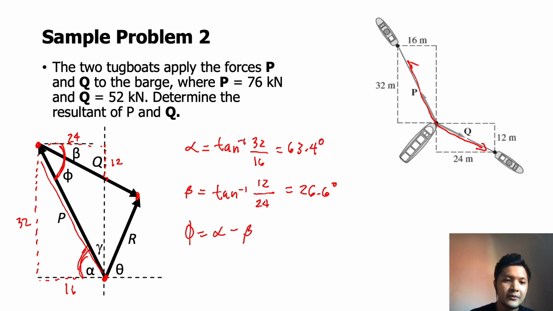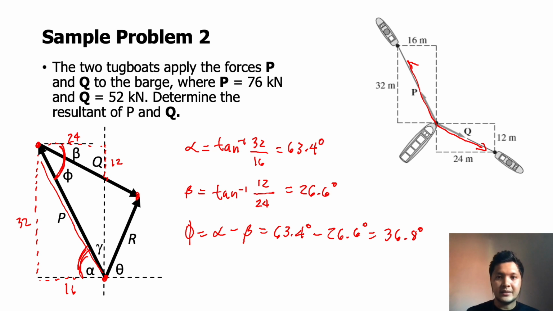Again, beta plus phi is equal to alpha. So phi is 63.4 degrees minus 26.6 degrees, which is equal to 36.8 degrees. So now here phi is equal to 36.8 degrees.